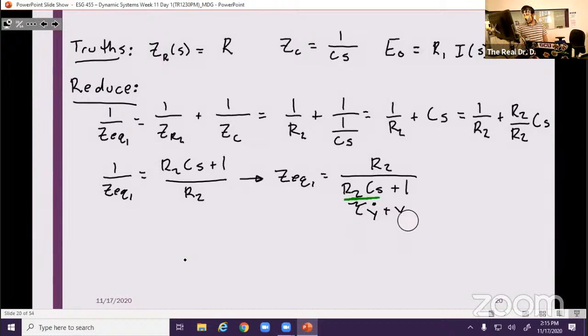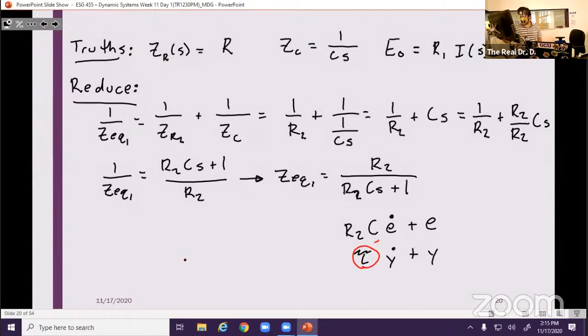All right, so let's talk about this. This is an idea here, right? So if we were to rewrite this and we got an equation for this, this would be R2C times some variable. In this case, it's going to be E dot plus E, tau y dot plus y.